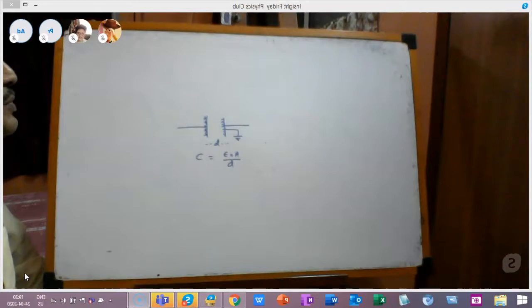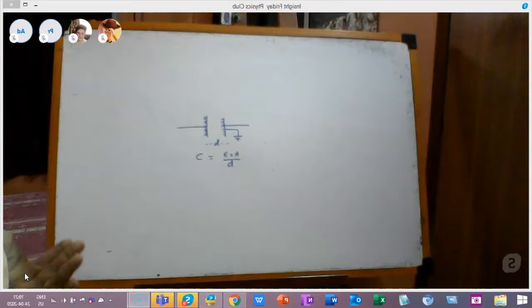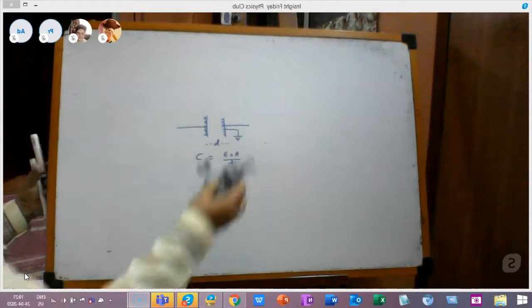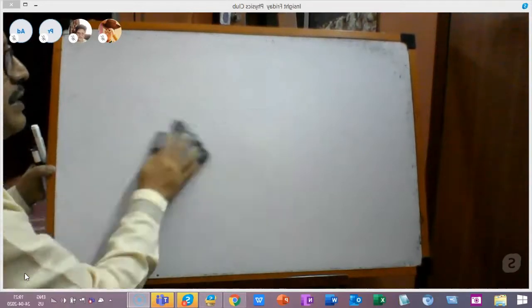Here what I am going to tell you are some peculiar cases where the number of plates is large. There may be 3 plates, there may be 4 plates, there may be 5 plates. And in that also, not only one case will arise, various cases will be there. For example, suppose I am taking 3 plates of a capacitor kept side by side in air.